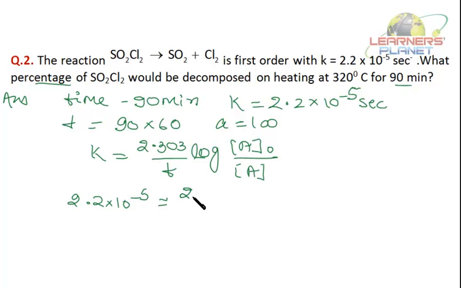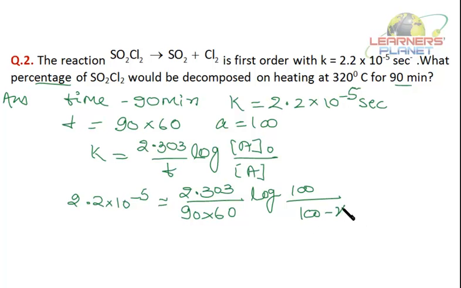That is equal to 2.303 by T. What is the time? It is 90 into 60 seconds. Now log of 100 divided by 100 minus X. Let X be dissociated, right? So this 100 by 100 minus X will be equal to what? This side, this is log, so this side it would be anti-log.